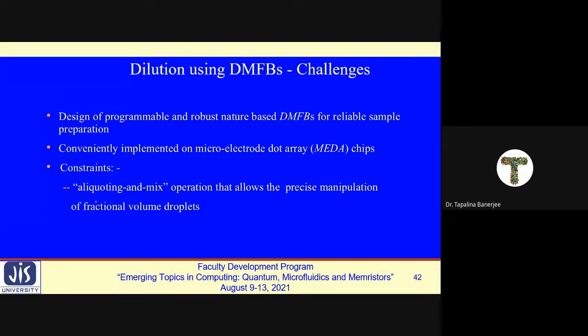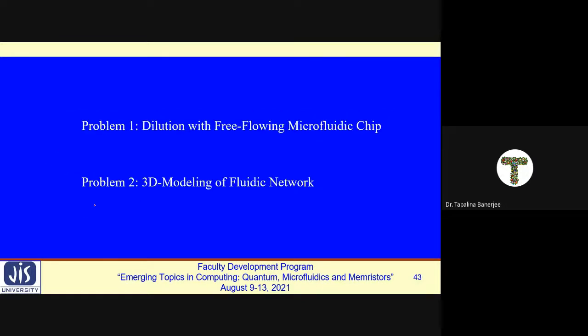Of our fractional volume droplets. It should be treated as one important constraint. Now, since time permits, we can continue to see two different problems and how we have solved them.